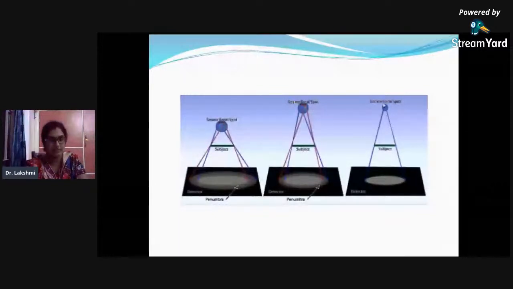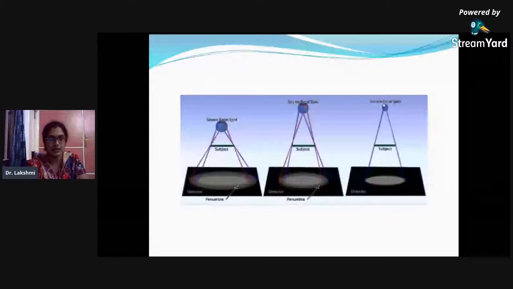So the focal spot should be as small as possible.